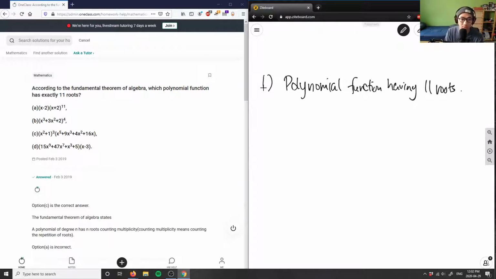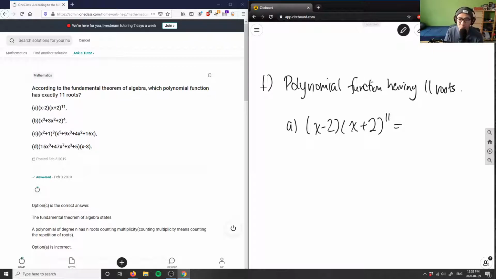So let's look at A here. A is (x - 2)(x + 2)^11. When we have a polynomial function, the maximum number of roots is the highest degree.